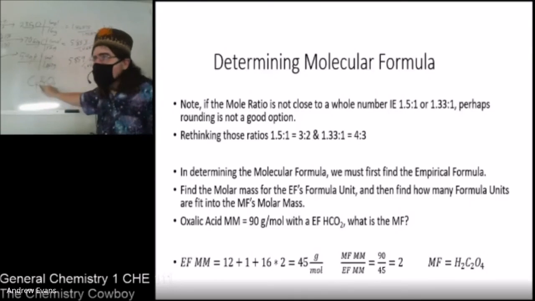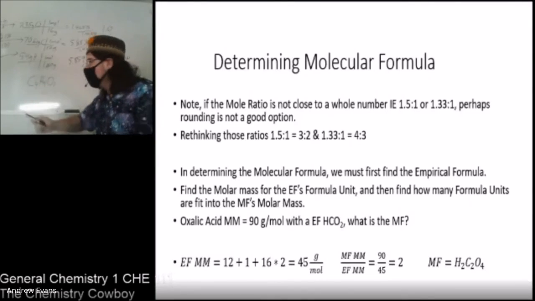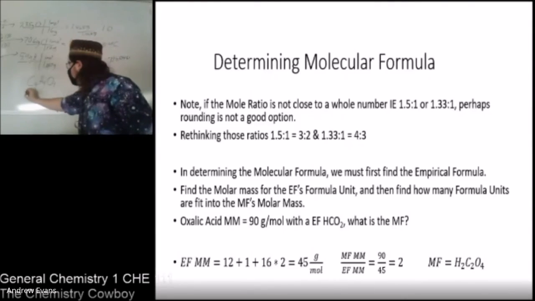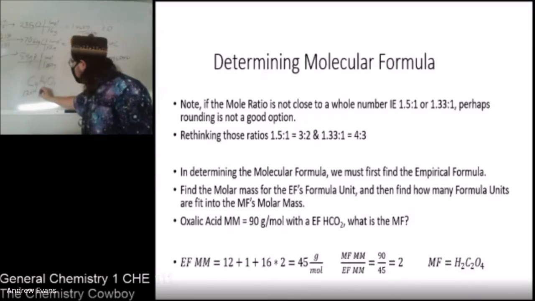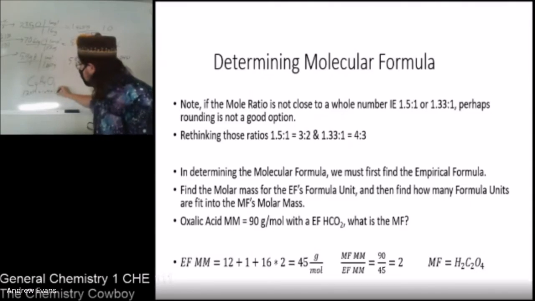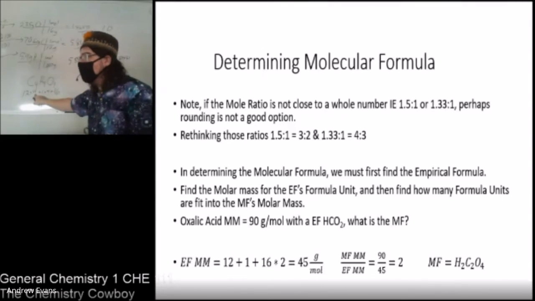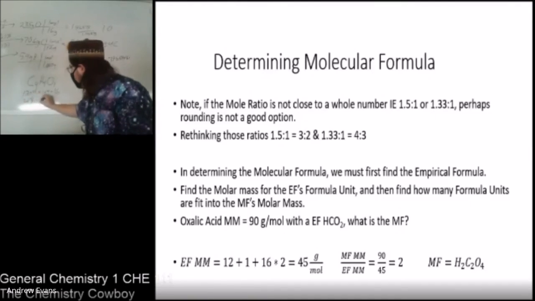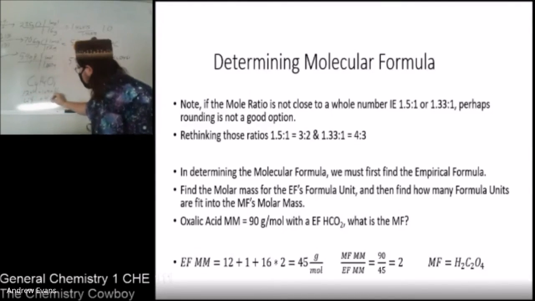Looking at the problem we just did, C4H4O, how much would this weigh? If I calculate the molar mass of that, 12 times 4 plus 1 times 4 plus 16. 12 times 4, 24, 48. Plus 4 plus 16, that's 20.